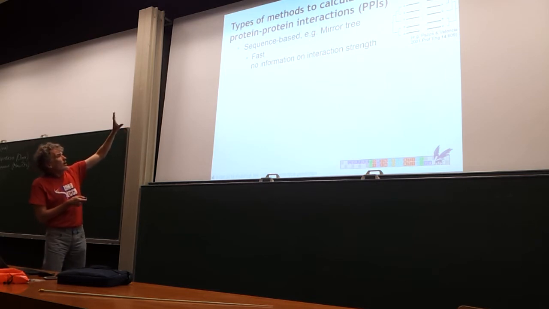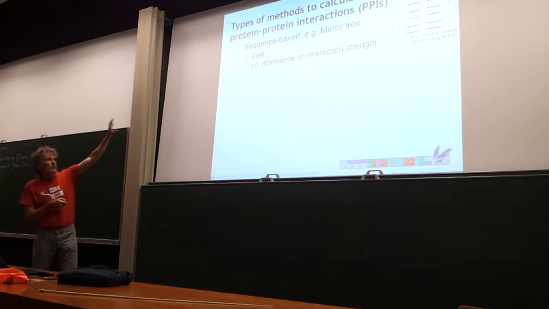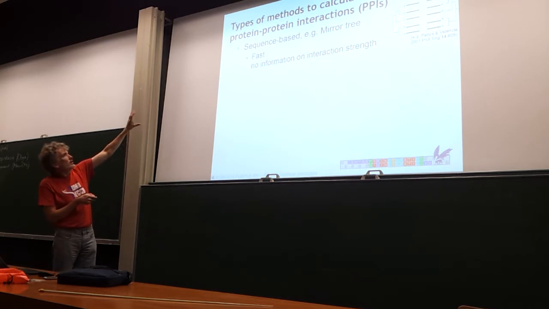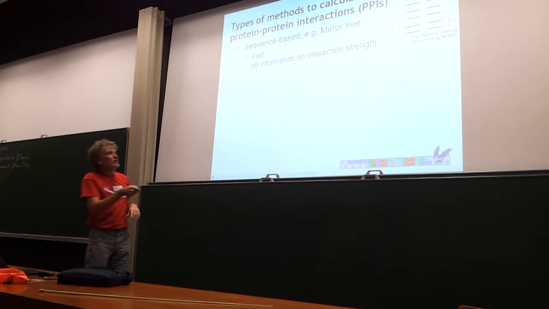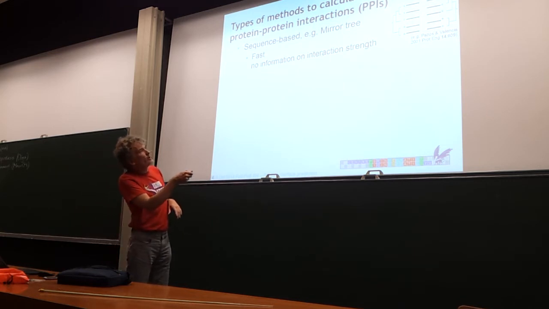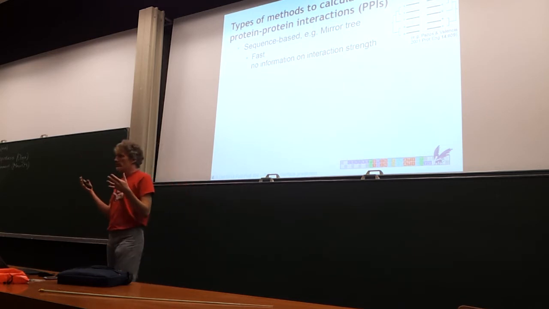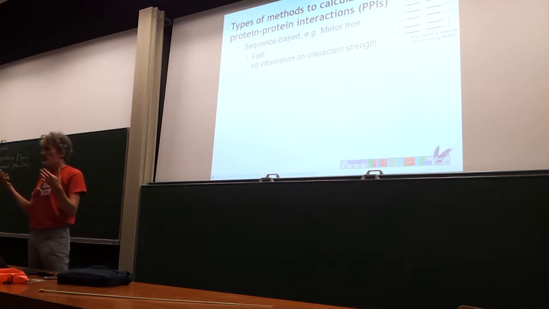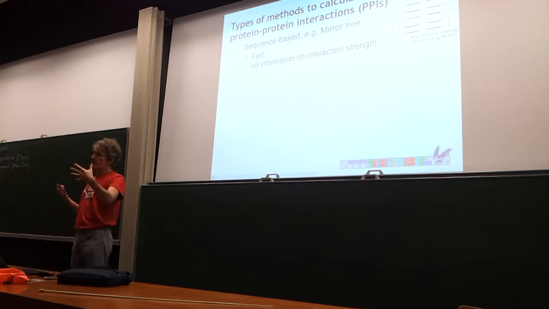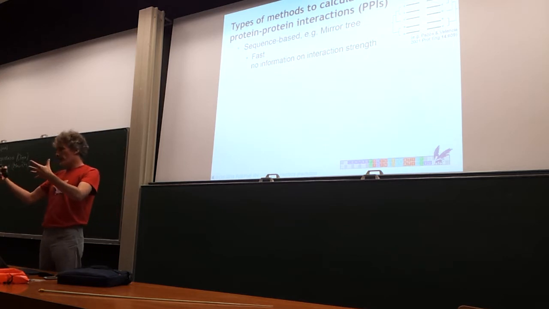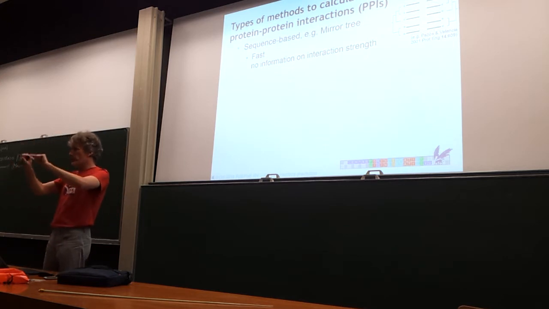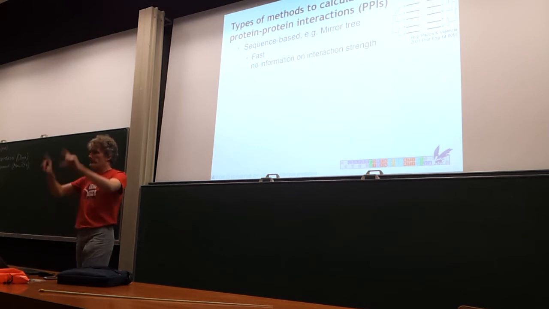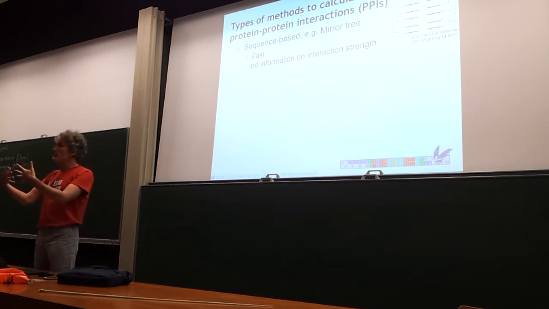Okay, so he has done a lot of work, and he's not the only one, but he's done a lot of work on sequence-based methods. One example is called mirror tree, where you use the evolutionary history of two protein families, and you make a phylogenetic tree of one protein family and a phylogenetic tree of the other protein family, and then preferably you should have the same species in both sets, and then you can compare the two trees.